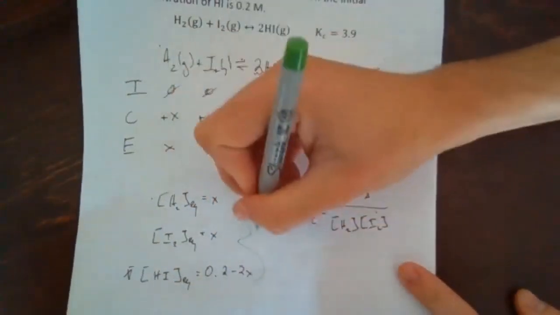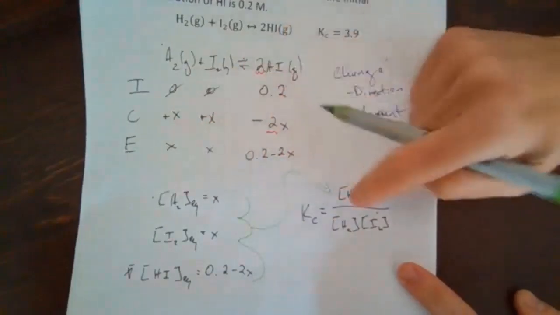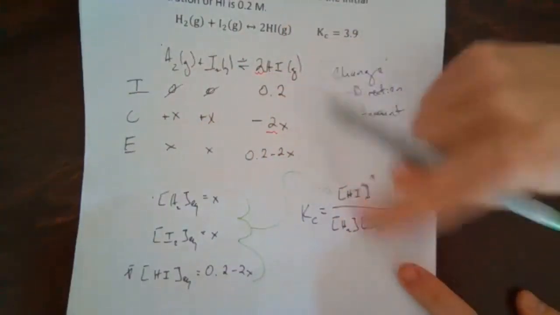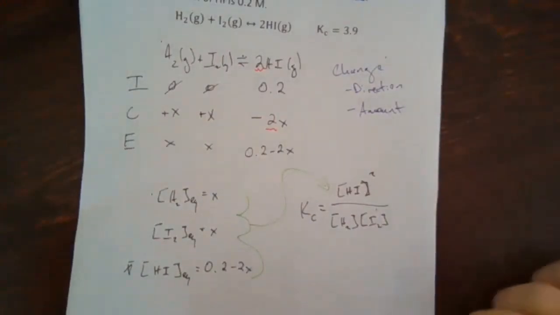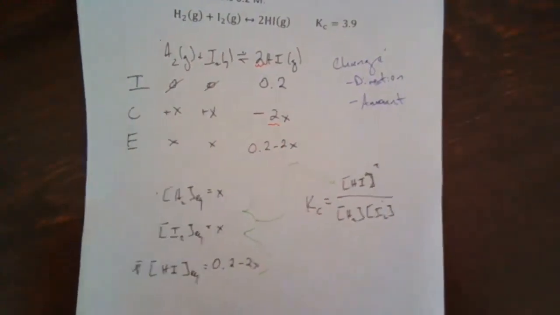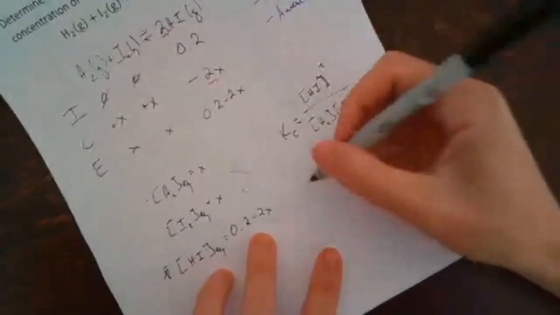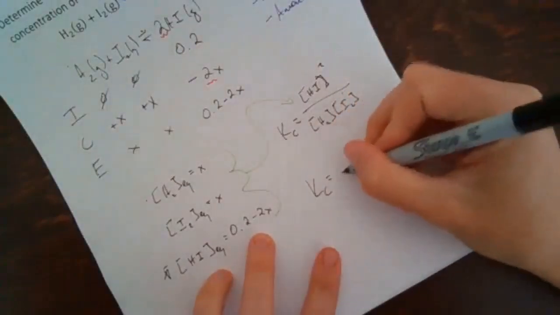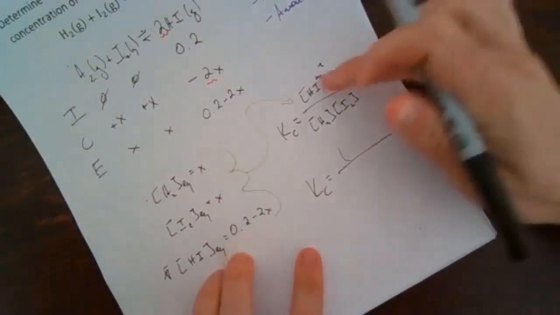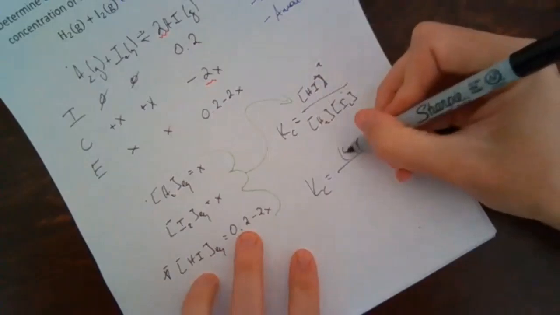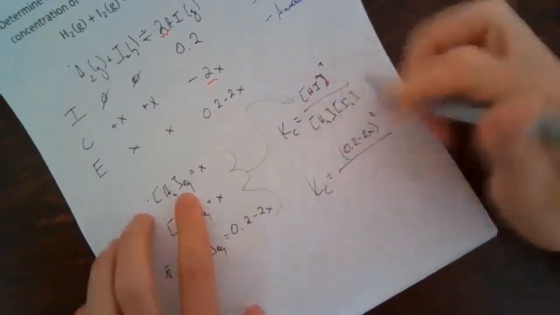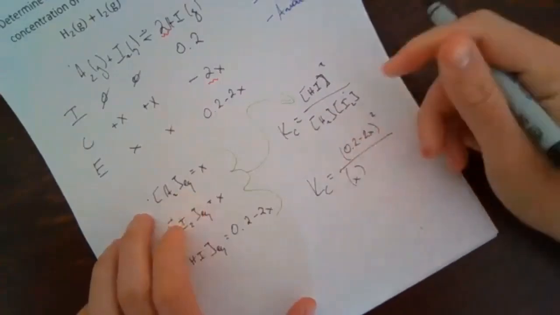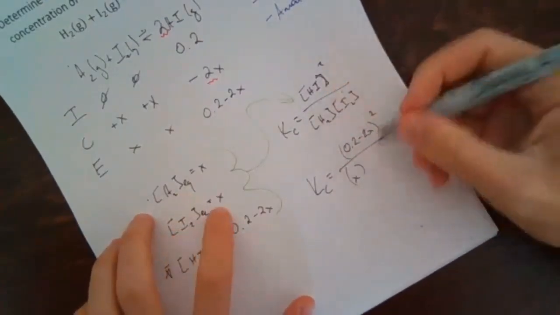So I can take those expressions and plug them into here. What that then looks like is Kc is equal to the concentration of HI at equilibrium, which is 0.2 minus 2x, squared. The concentration of H2 is x, and the concentration of I2 is also x.